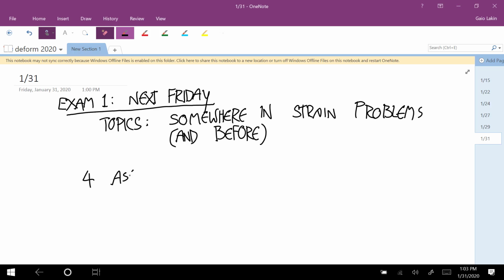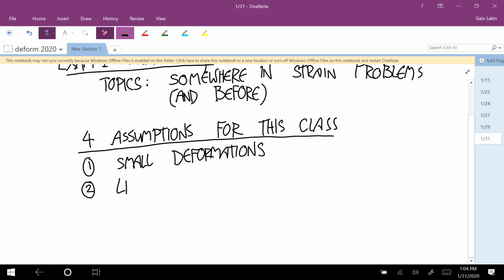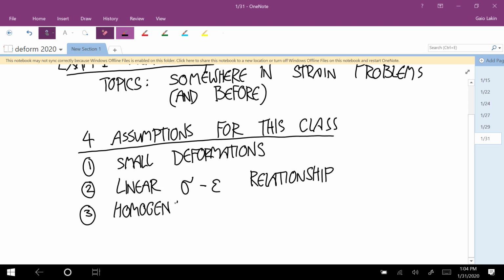The 4 assumptions throughout this class are small strains, small deformations, a linear stress-strain relationship, homogeneous materials, and isotropic materials.